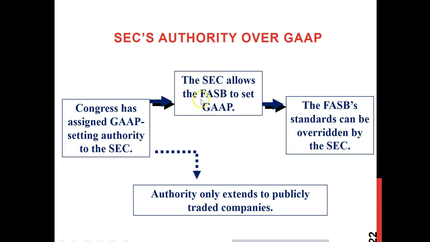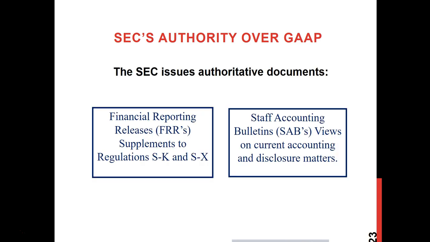They just prepare the standards, and then these standards can be overridden by the SEC, and the SEC is the authority that ensures that these accounting standards are followed by the public firms. And of course, the SEC also has the authority over all those publicly traded companies to ensure fair and timely disclosures.